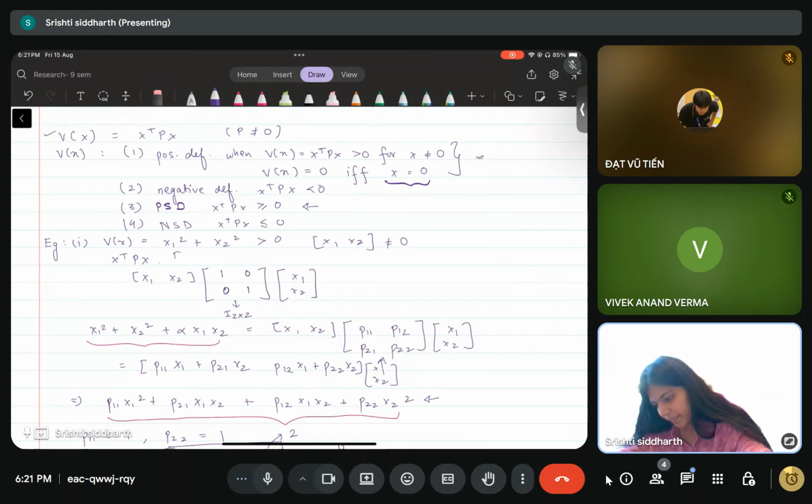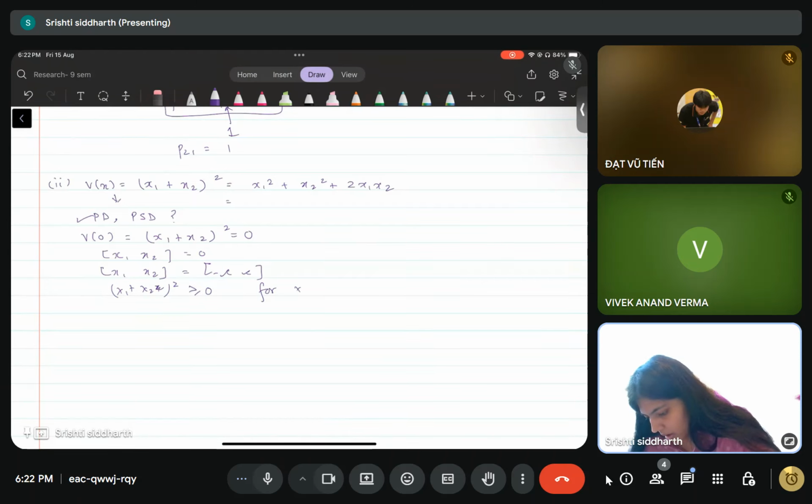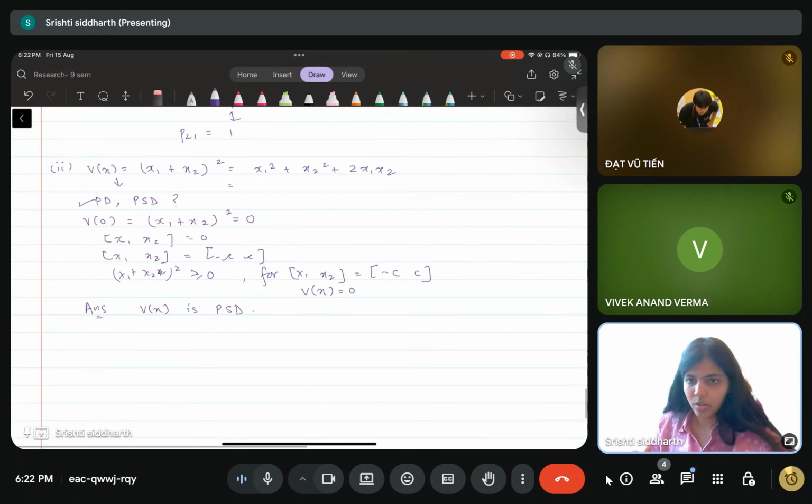We know that the square is always going to be positive, but in our case it could be greater than or equal to 0, for x1, x2 equals minus c, plus c. So the answer is that V(x) is positive semi-definite. I hope that this was clear to you. Let me know if it's not.